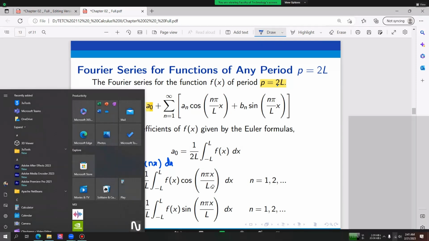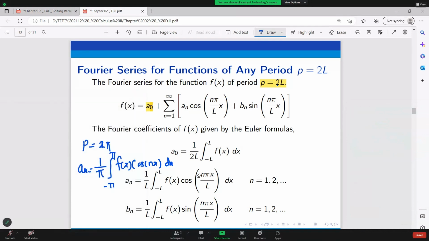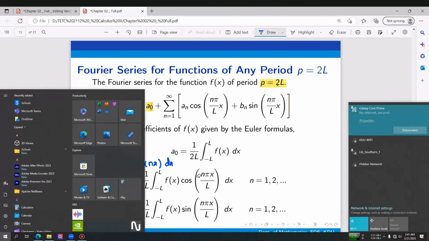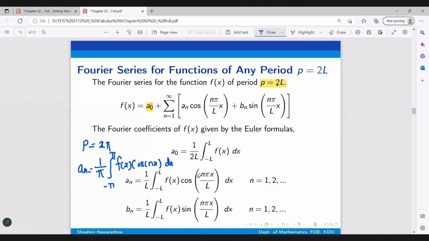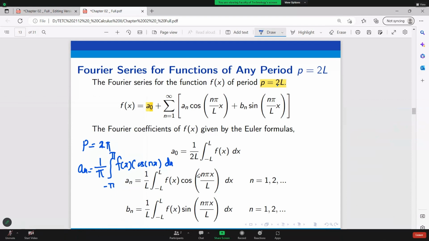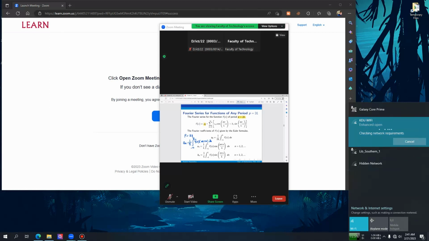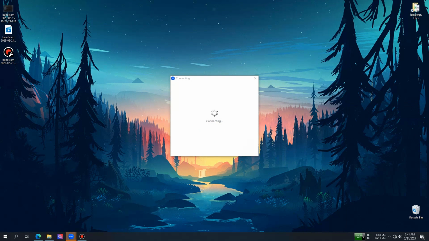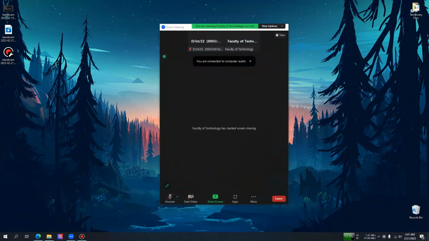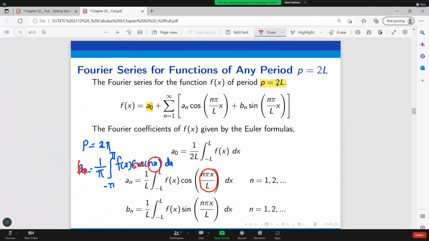In the earlier case it was cos nx, but here we have replaced this nx term by n pi x over L dx.